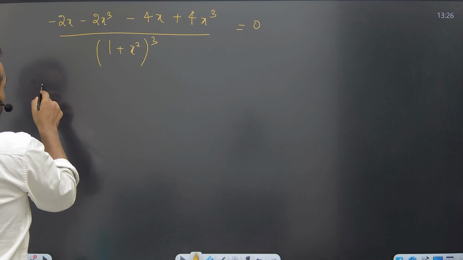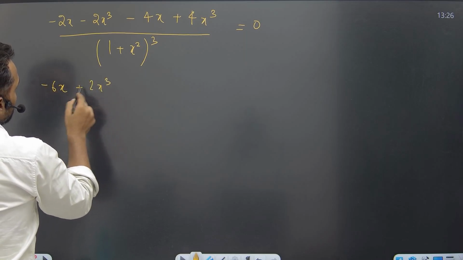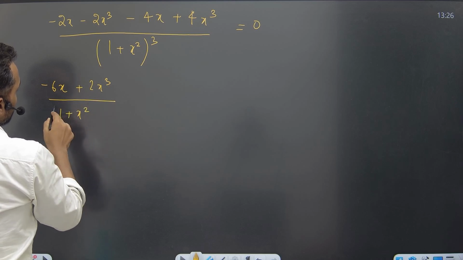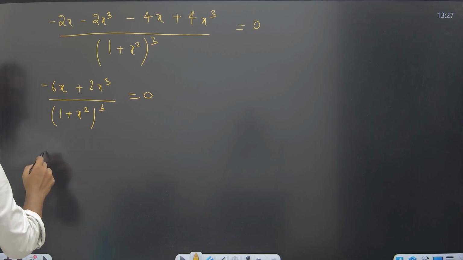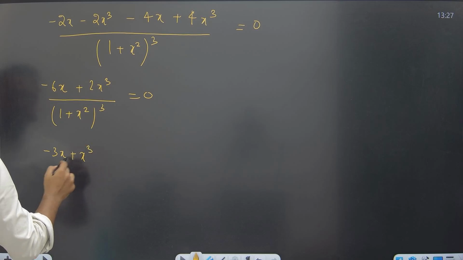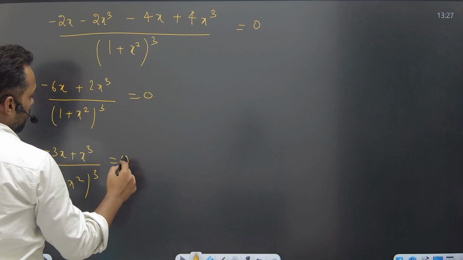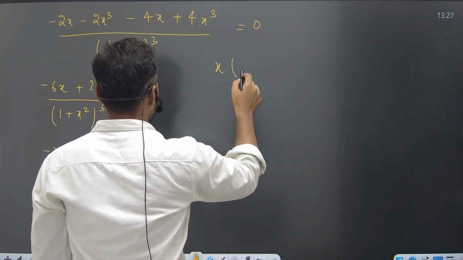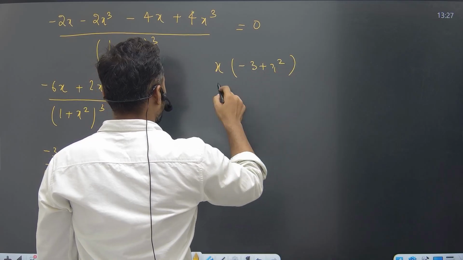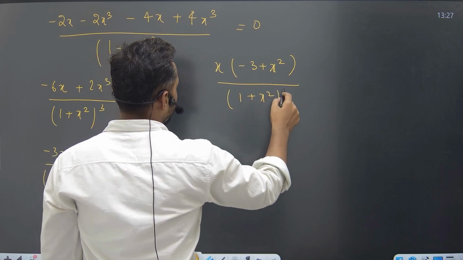So from here you will say minus 6x plus 2x cubed upon (1 plus x squared) raised to the power 3 equals 0. If I take 2 common in the numerator part, you are left with 2 times (negative 3x plus x cubed) upon (1 plus x squared) raised to the power 3 equals 0. Again, if I take x common here, we will get x times (negative 3 plus x squared) upon (1 plus x squared) raised to the power 3 equals 0.